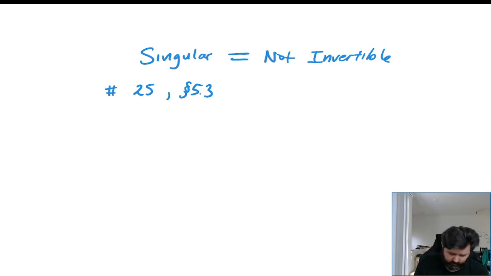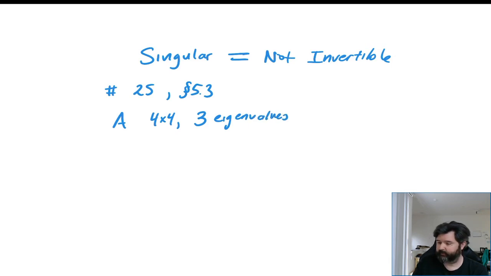Okay, this problem says A is 4 by 4 with 3 eigenvalues. Now when it says 3, I'm assuming it means 3 distinct eigenvalues. Let's say we have lambda 1, lambda 2, and lambda 3, and assume those are all different, because otherwise this question can't necessarily be answered.